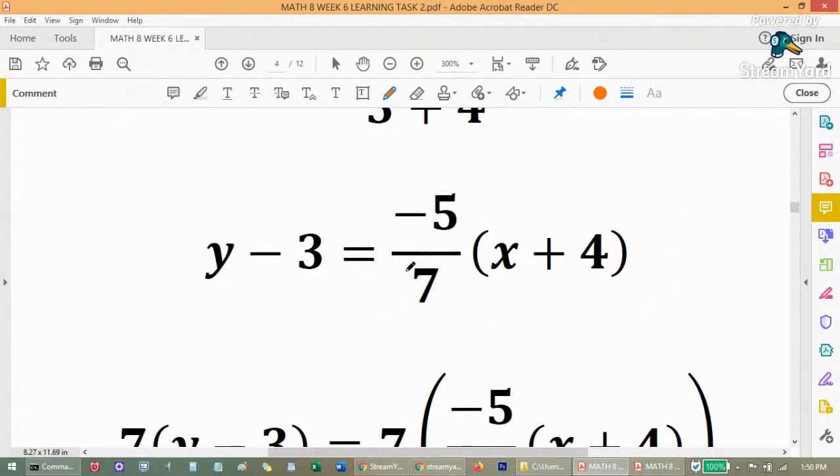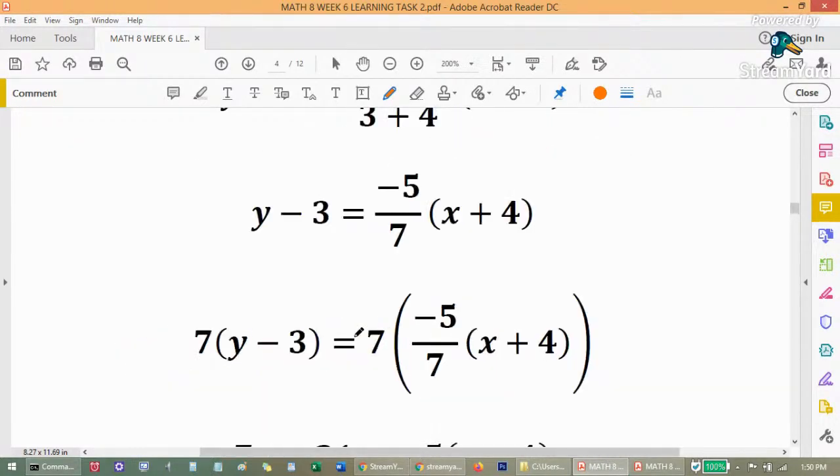Multiply natin ng 7 para mawala itong 7 na ito. So, mangyayari is y minus 3, lalagyan natin ng parenthesis. Ito, lalagyan din natin ng parenthesis. Ayan. And then, multiply natin siya ng 7, 7 dito, and then 7 doon.